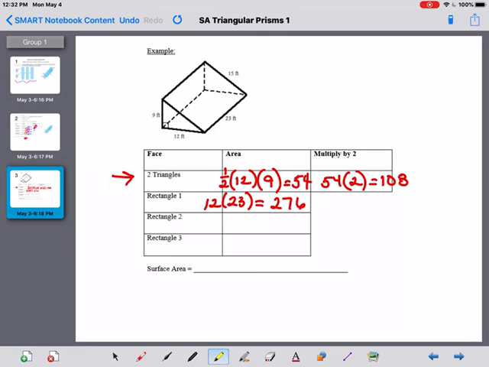If I look at another one of the rectangles, let's say this rectangle here, that's going to have a length of 23 and a width of 15. So we have an area of 345 square feet.